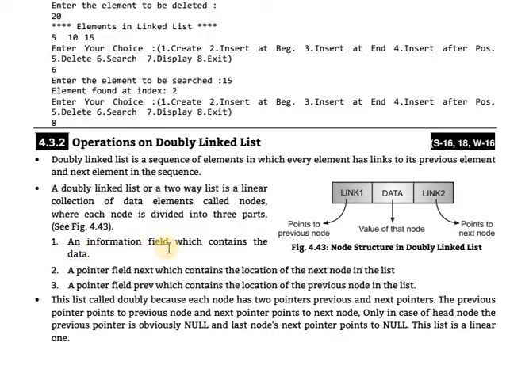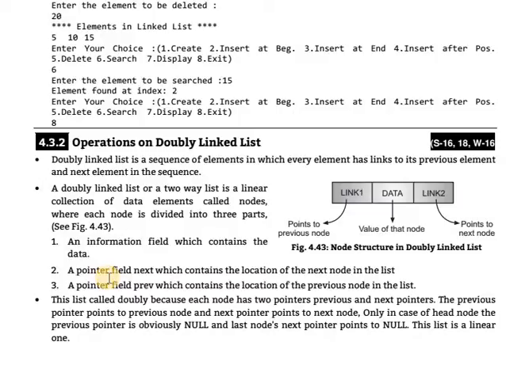An information field, which contains the actual data. The 3 parts are: link 1, data, link 2. The information field holds the actual data, the value of that node.